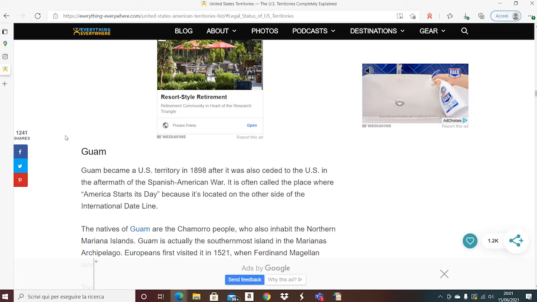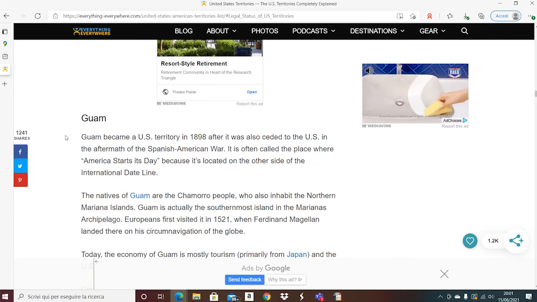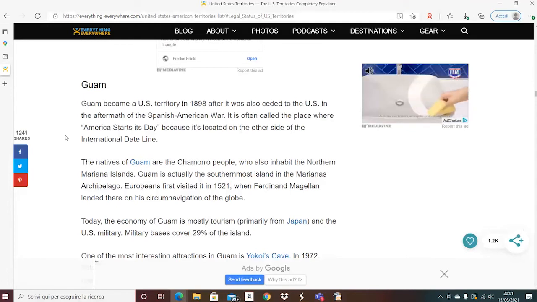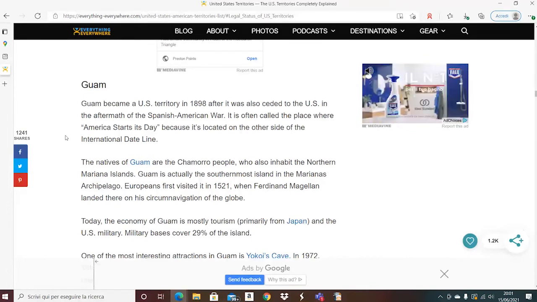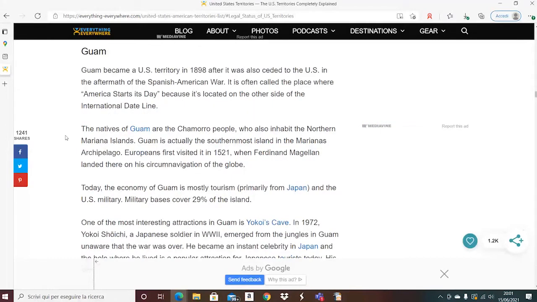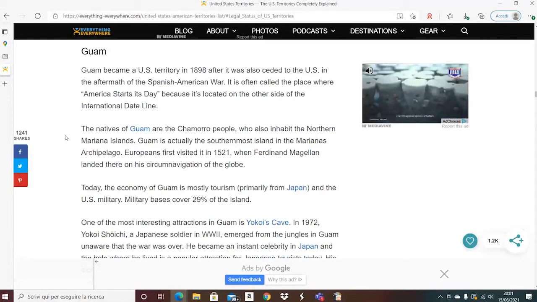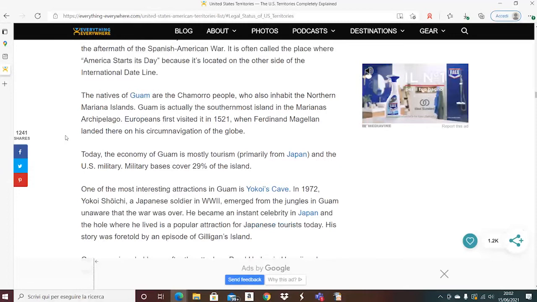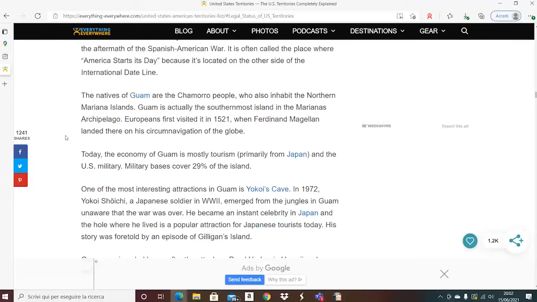The natives of Guam also inhabit the Northern Mariana Islands. Guam is actually the southernmost island in the Marianas Archipelago. Europeans first visited in 1521 when Ferdinand Magellan landed there on his circumnavigation of the globe. Today, the economy of Guam is mostly tourism, primarily from Japan, and the US military. Military bases cover 29% of the island.